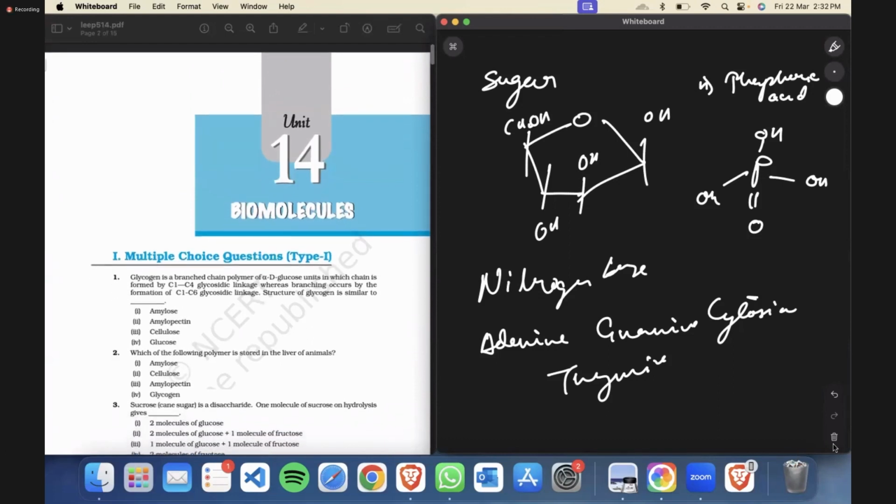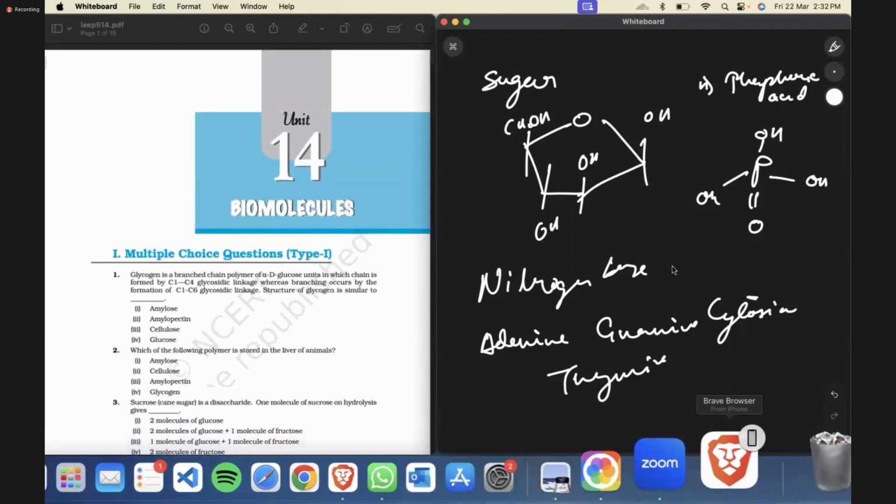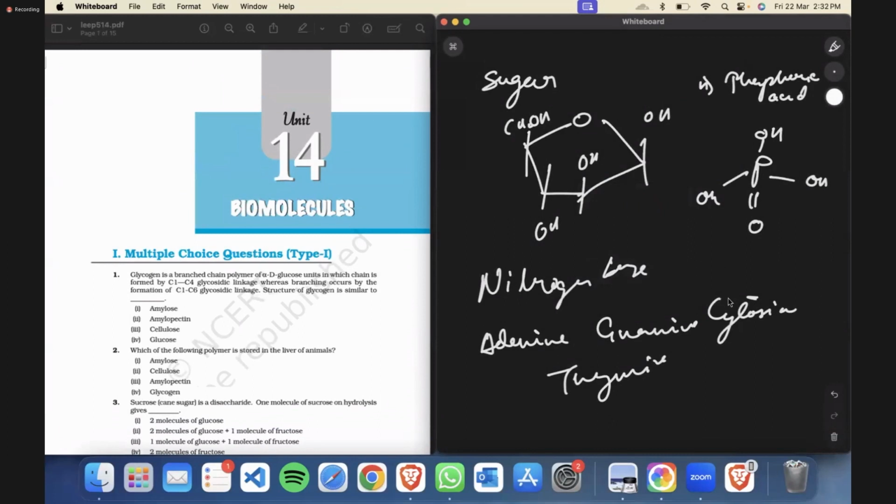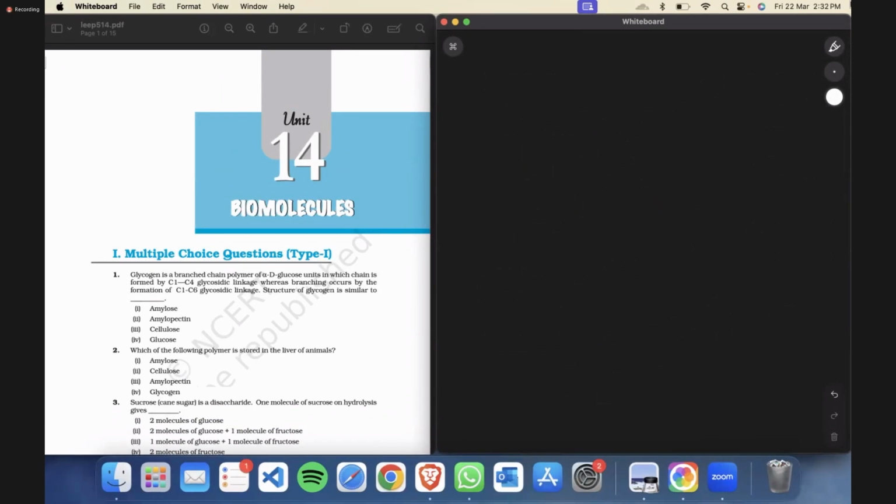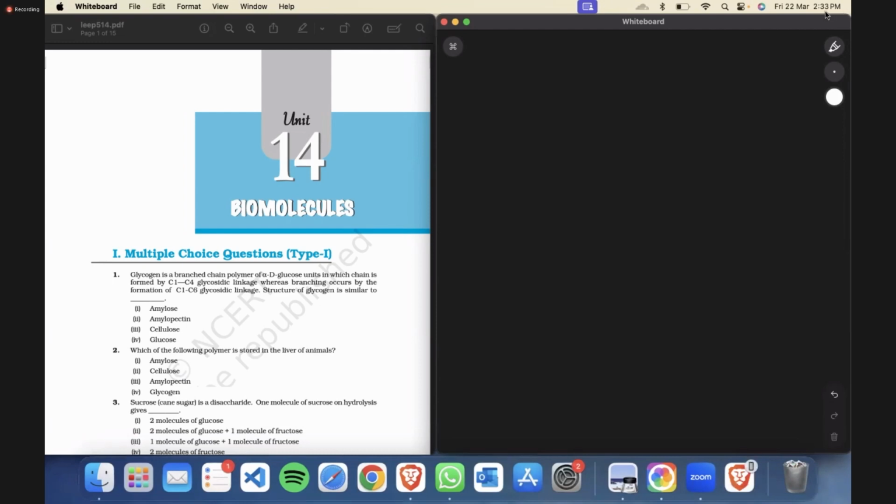So, further, let me just find some PYQs to give you a brief. See, accumulation of which of the following molecules in the muscle occurs as a result of vigorous exercise?